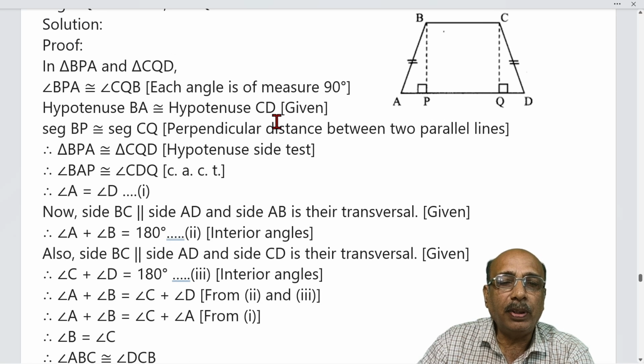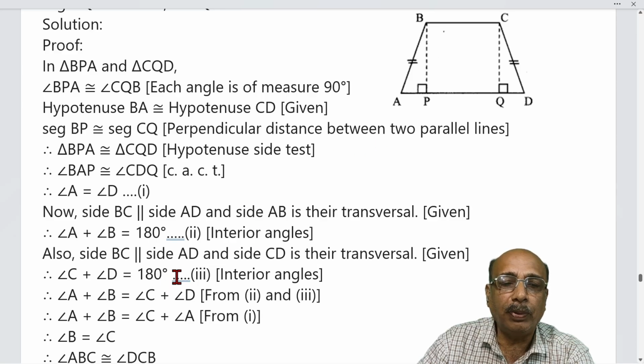Now, side BC is parallel to AD and side AB is the transversal. So, angle A plus angle B equals 180 degrees. That is known as interior angles. Angle A and angle B are interior angles. Similarly, again, BC is parallel to AD and CD is the transversal. So, angle C and angle D form a pair of interior angles, their sum equals 180 degrees.